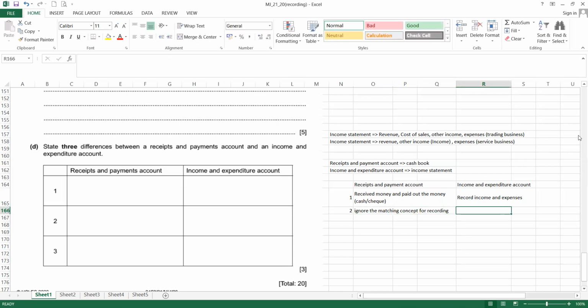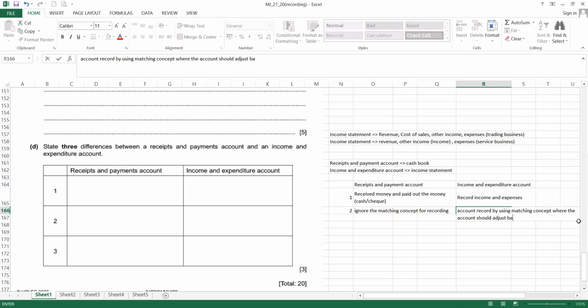But when we do the income and expenditure or income statement, we have to record by using the matching concept, where the account should adjust based on expenses incurred rather than expenses paid.